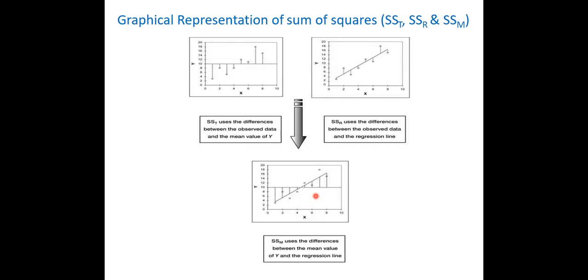The second one is the F ratio. The sum of square model is what the model can explain, but the sum of square residual is what it cannot explain, because that is the deviation from the model. If what it can explain is far bigger than what it cannot explain, that is good, as opposed to where what it can explain is so small compared to what it cannot explain.